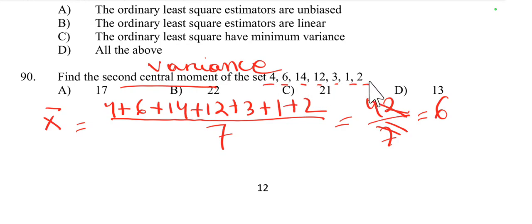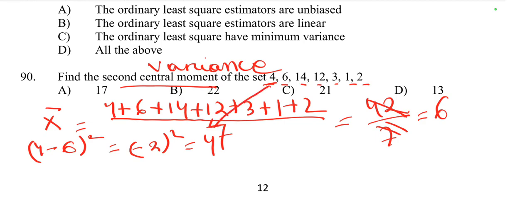So we deduct each value from the mean to find out the square deviation from the mean. First one is 4. So 4 minus 6 is minus 2, minus 2 square is 4. So the first value 4 has square deviation 4.